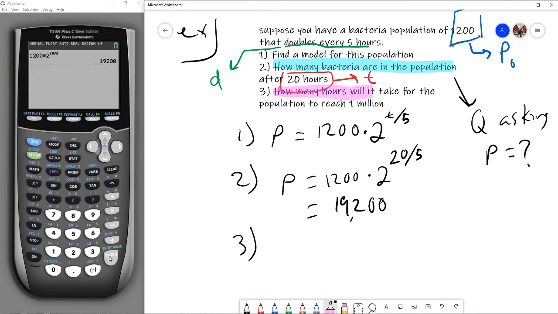So let's go ahead and highlight this. This question here, how many hours will it take? Let's use a different color here. So this is a question asking what does T equal?